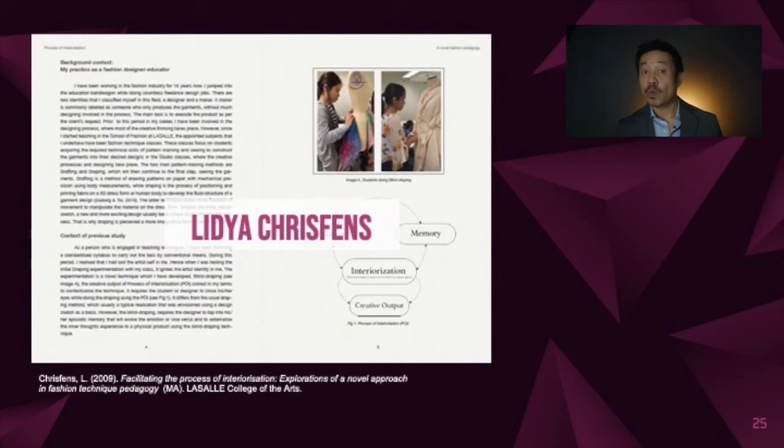In my last cohort, Lydia Crispins, who teaches fashion, used autoethnography and created her own methodology called blind draping. Now, she claims that the traditional method of fashion making is very visual and that design is output driven.